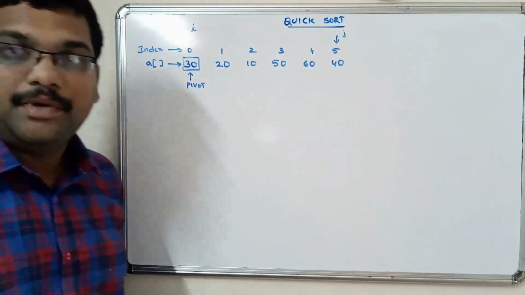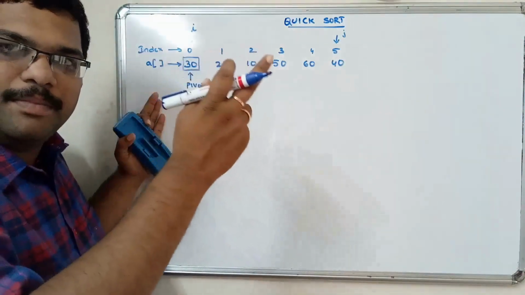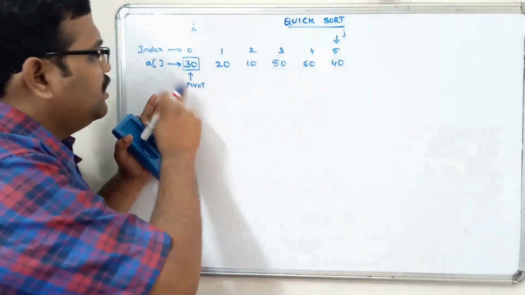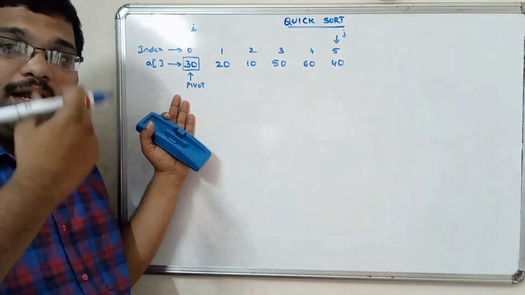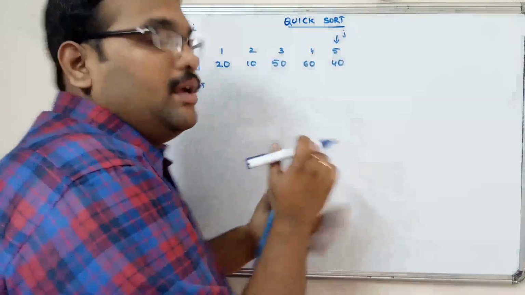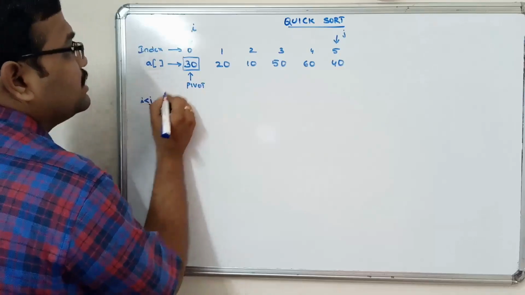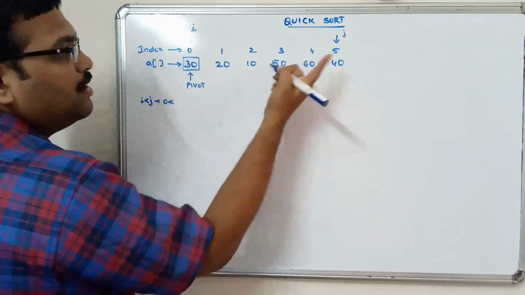Now repeat the process. First step, consider the pivot as the first element. So we have considered this one, and next i is initialized to low and j is initialized to high. So i less than j, that is here 0 less than 5.